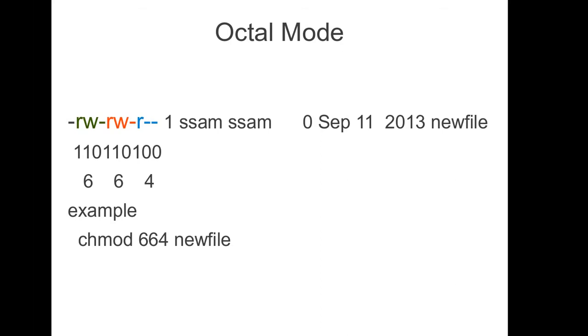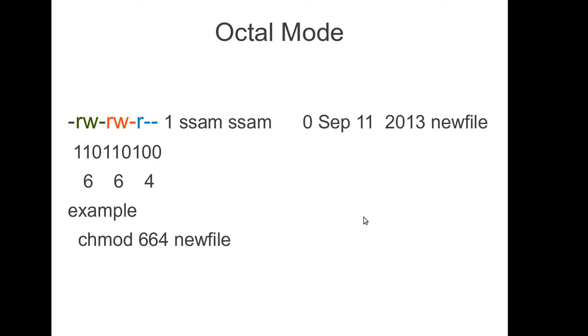So since the user is given the read permission, we replace it with 1. For write permission, another 1. No execute permission, so a 0. For group, it's the same as the user, 110. For others, we have 100 because the others group is not given the write permission.